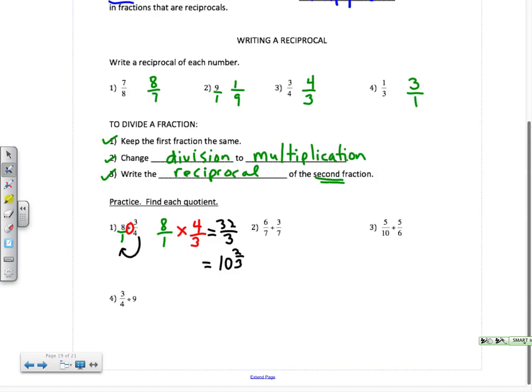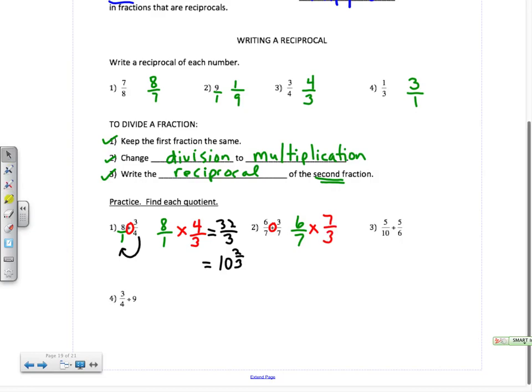6/7 divided by 3/7. We leave our 6/7 alone. We change our division into multiplication, and we find the reciprocal of the second fraction. So we flip 3/7 upside down, and we get 7/3.